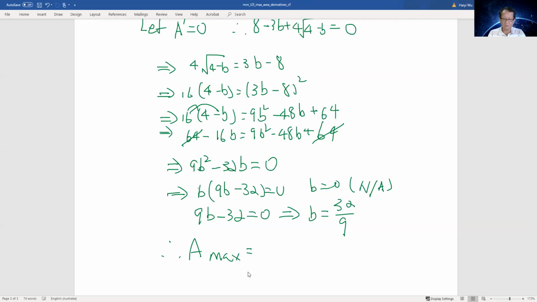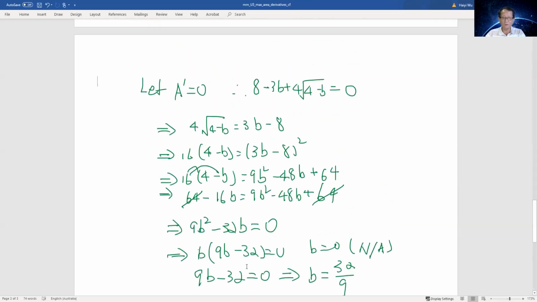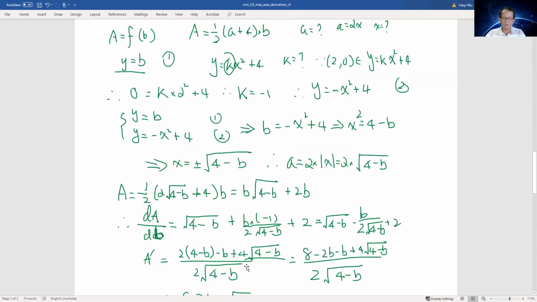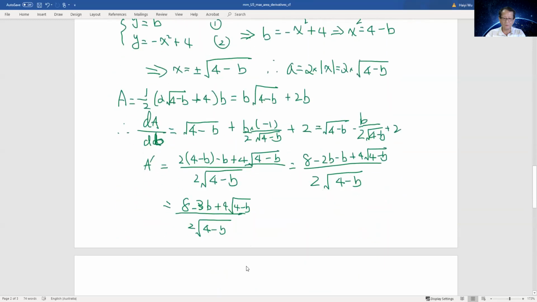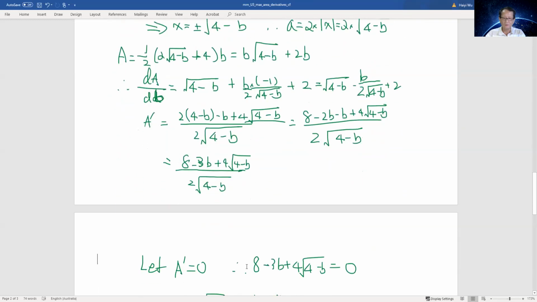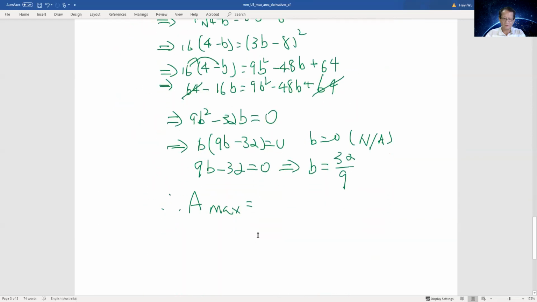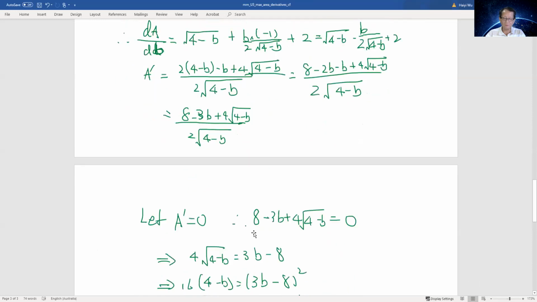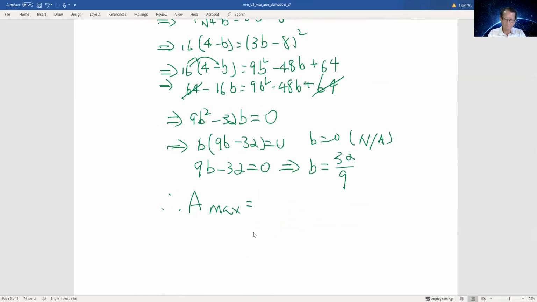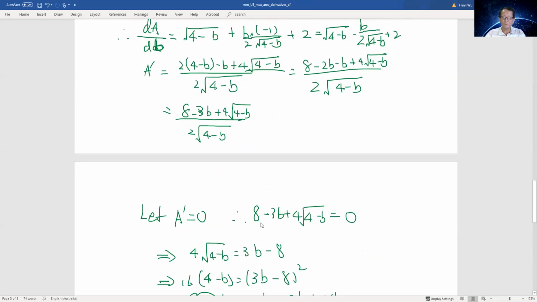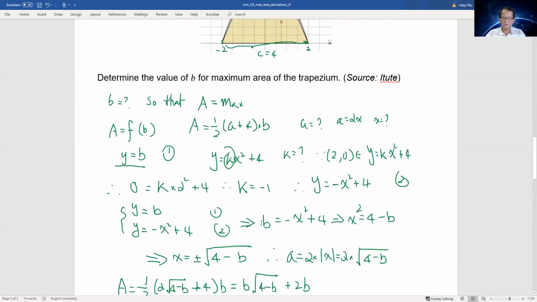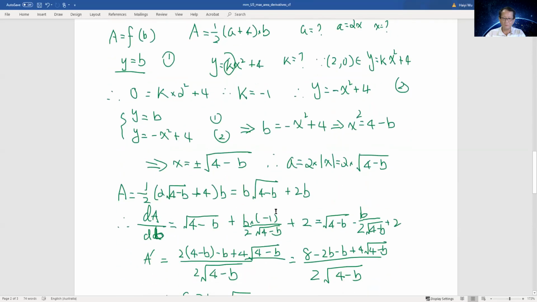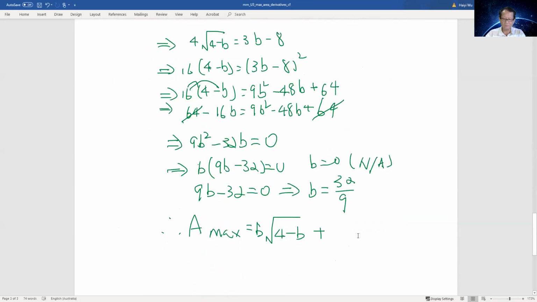Okay, so for the maximum area, we can substitute into the original area formula. We know the area formula is b times 4 minus b plus 2b.